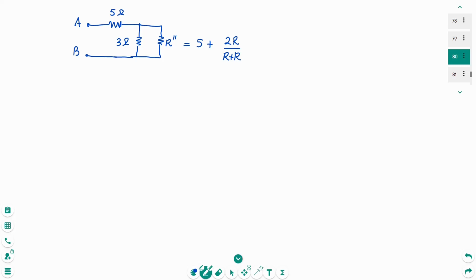Now I can solve that. If you solve this, you have a common denominator. Here it should be R plus 2, sorry about that. So the common denominator is R plus 2, and in the numerator you have 5R plus 10 plus 2R, which is going to be 7R plus 10 divided by R plus 2, right?